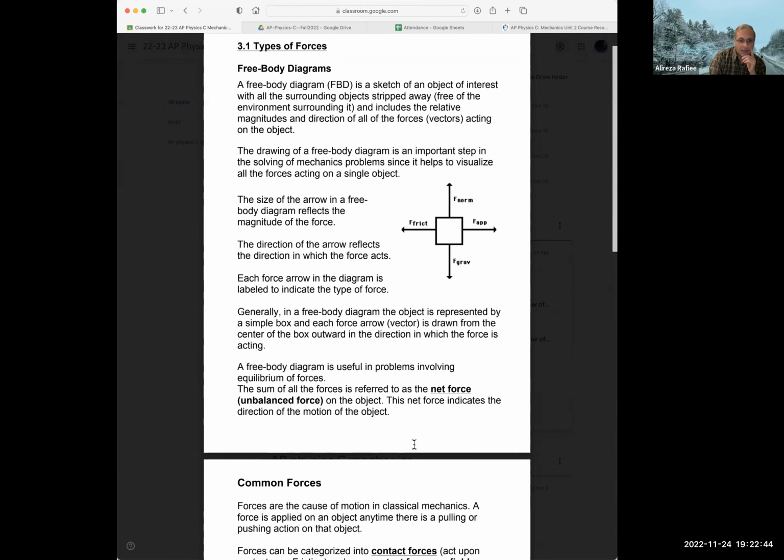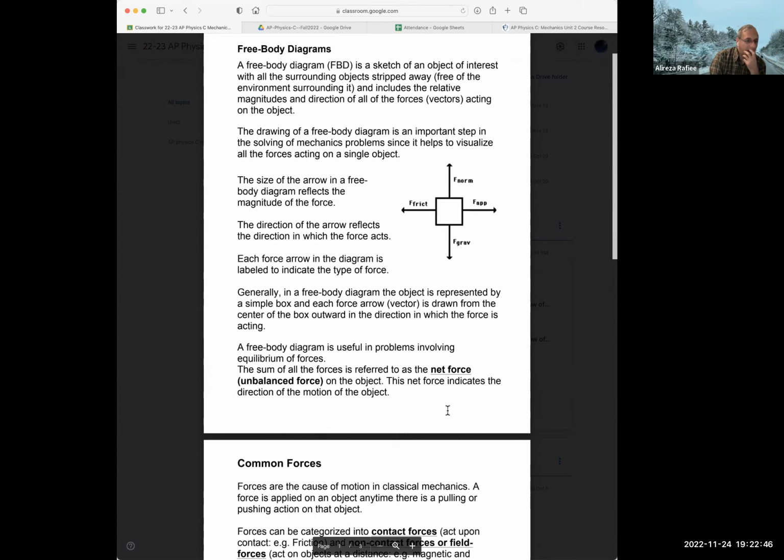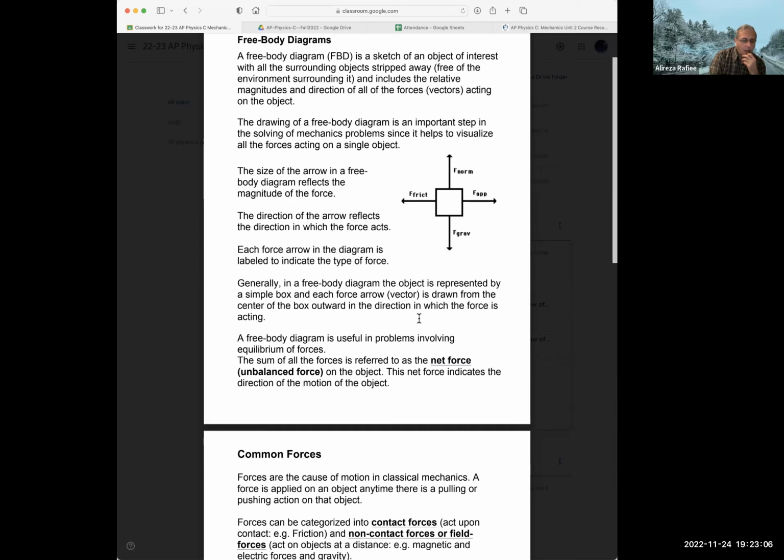We use Newton as a unit for it. And the net force is the sum of all the forces on one object. So if you have two forces, to the left and to the right, then the net force in the x direction becomes, in this case, the F on the right side minus F on the left side.